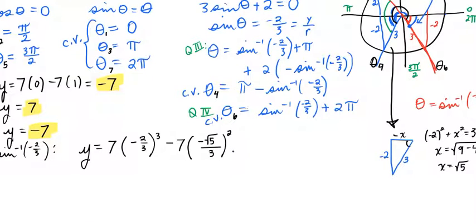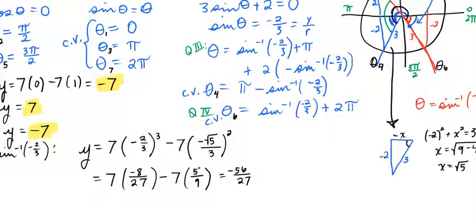Let's see, 2 cubed is 8, and it's still negative. We retain the negative. 3 cubed is 27. Negative root 5 squared is positive 5, so positive 5 over 9. And it looks like my common denominator will have to be 27 here. So I've got negative 56 over 27.